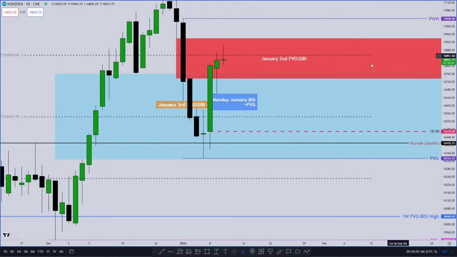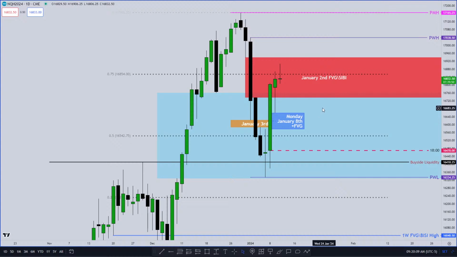The daily chart. That same January 2nd fair value gap, SIBI, is much larger, right? It was pretty small on S&P, and right now we went above the consequent encroachment of that, which is 16,837 3/4.